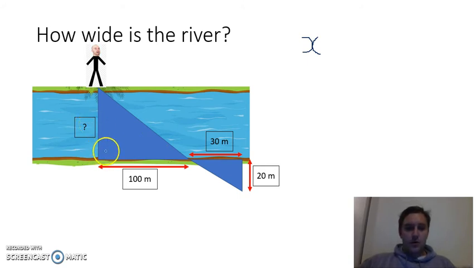Now we know that this is the right angle here, and so I might even draw that in there. And we know that this is the right angle here. We know that these angles are the same. So this side has to be enlarged by this side. So we're going to divide this by 20. This is really horrible.